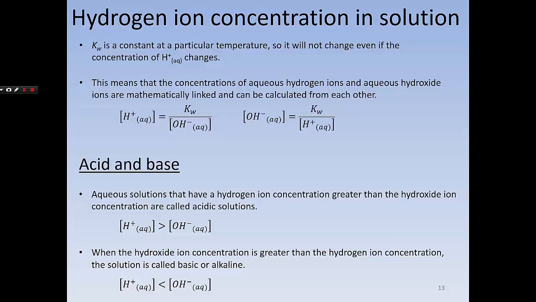For example, when an acid is added to pure water, this means hydrogen ions are introduced into the pure water. This action will push the reaction of self-ionization of water backwards in order to reach a new equilibrium position where the product of the hydrogen ion concentration and the hydroxide ion concentration is still 10 to the minus 14.